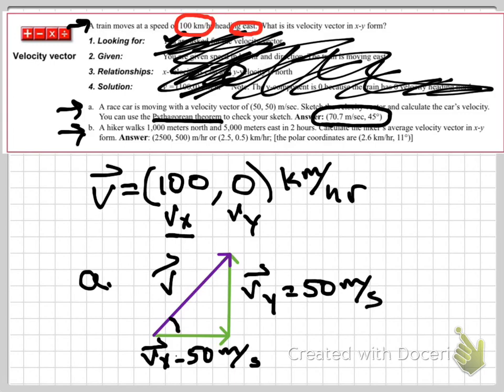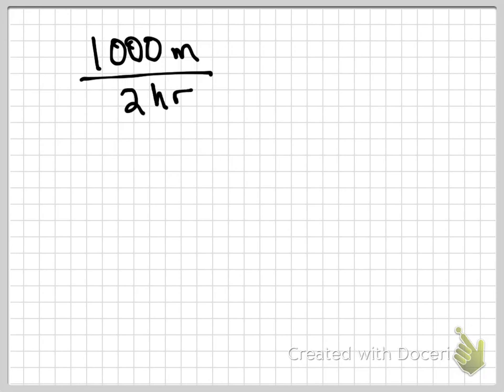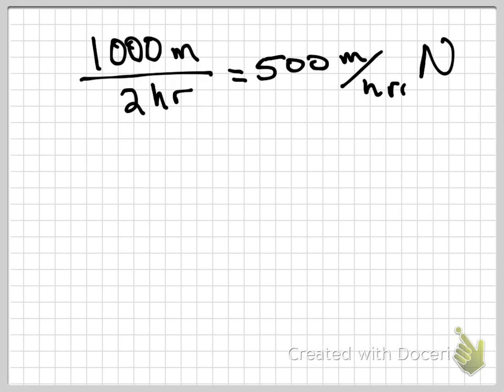If he went 1,000 meters north in 2 hours, remember speed is distance over time, so over 2 hours, that equals 500 meters per hour, north.